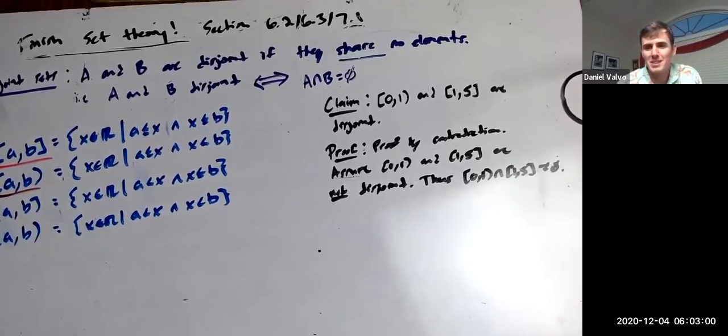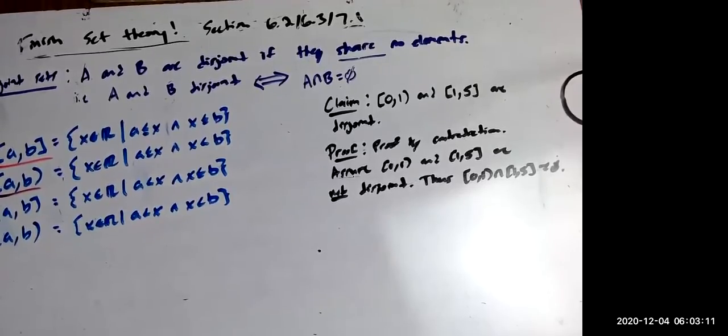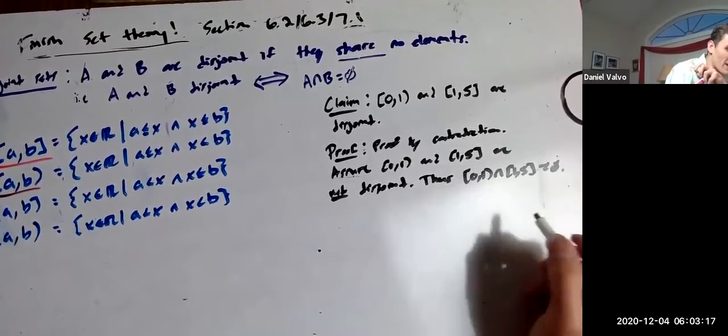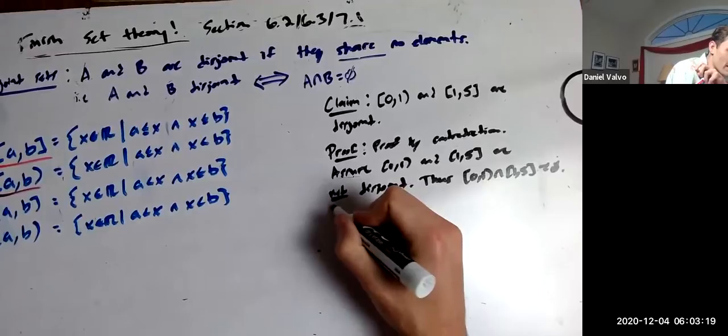And if you're not the empty set, what's the one thing we can say about you? You have at least one element. If you're not empty, you got something, right? You have something going on. And so thus [0, 1) intersect [1, 5] is not the empty set.